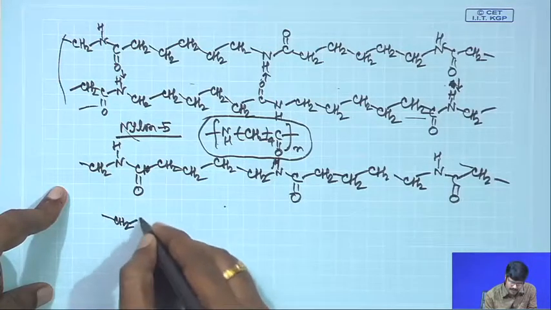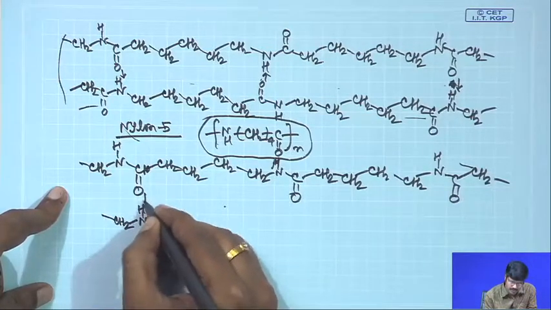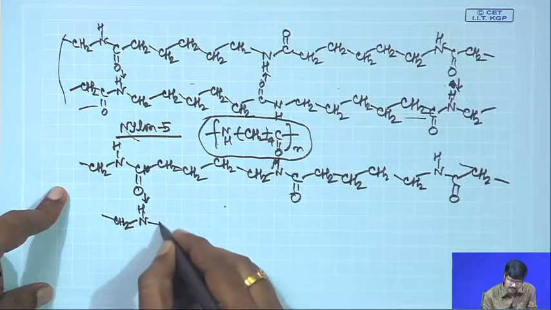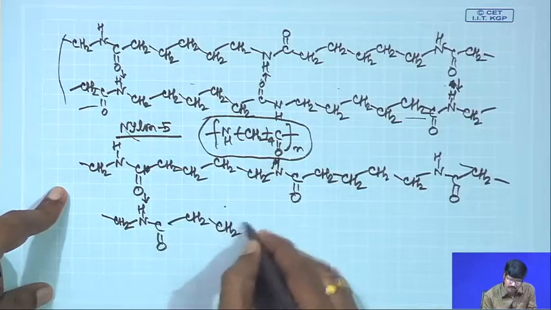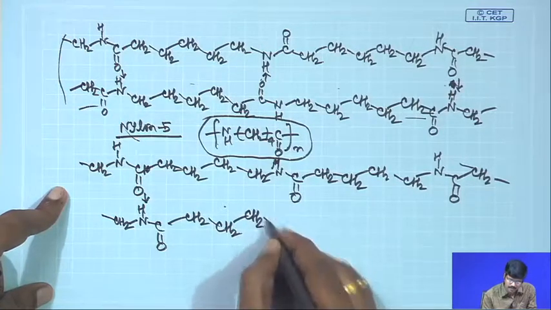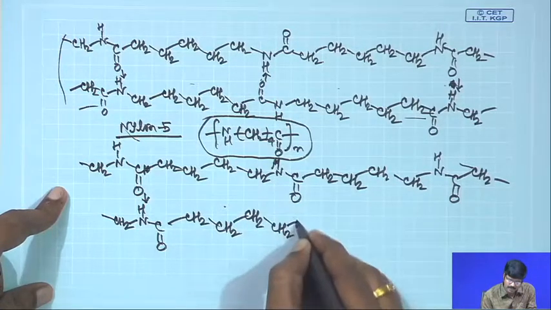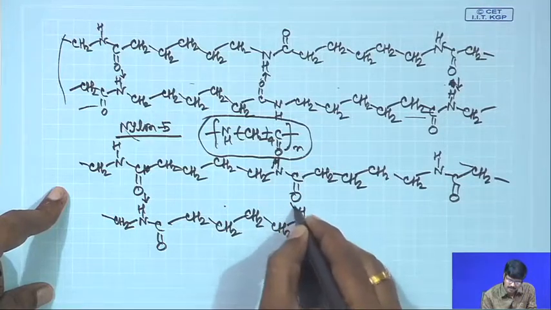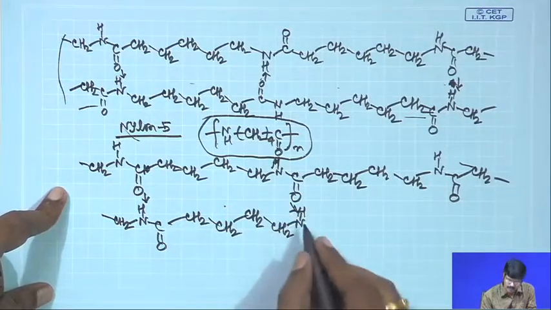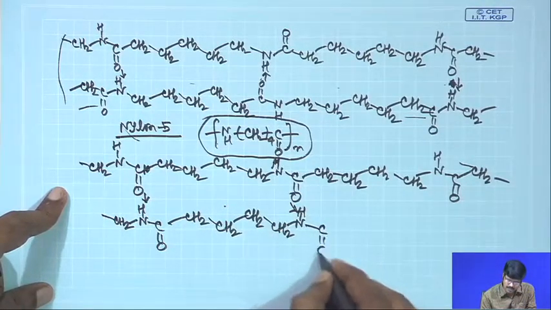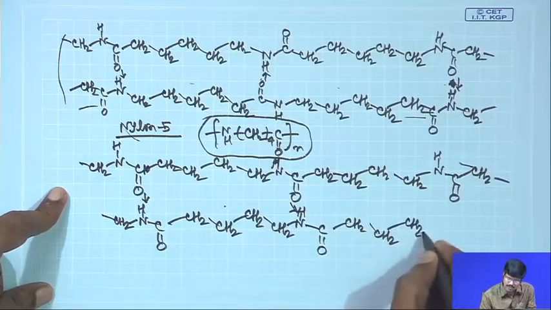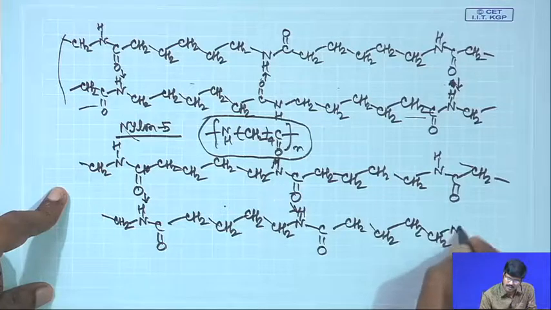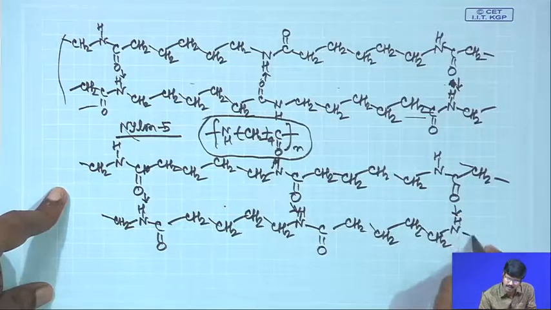One hydrogen bonding interaction is possible here, CO and 4 CH2 units, 1 2 3 4, and then you have an NH, hydrogen bonding interaction possible here, and then you have a CO CH2 CH2 CH2 CH2, and then again you have an NH, hydrogen bonding interaction possible.